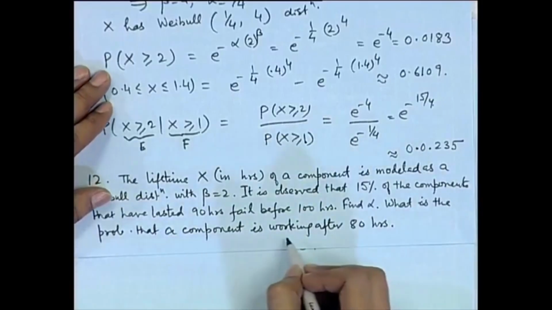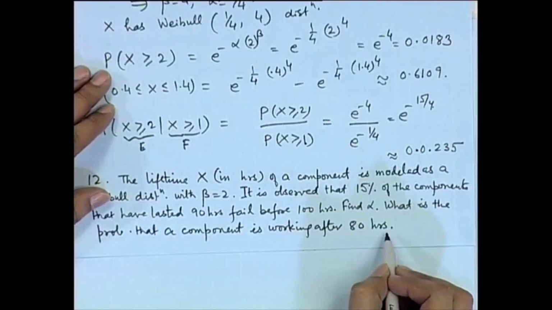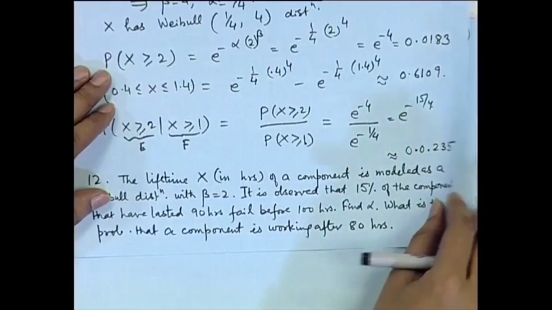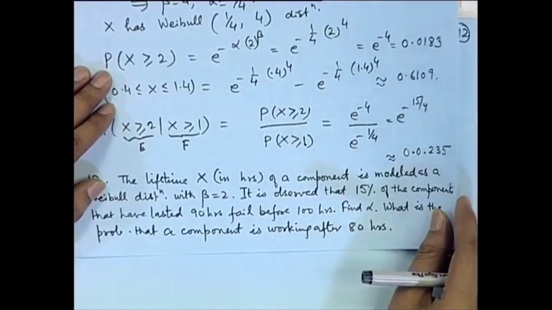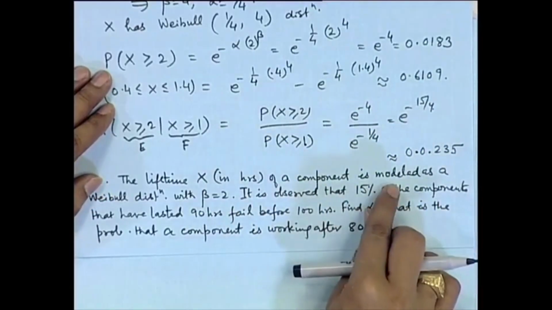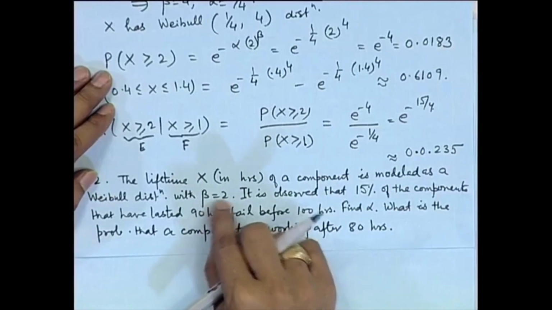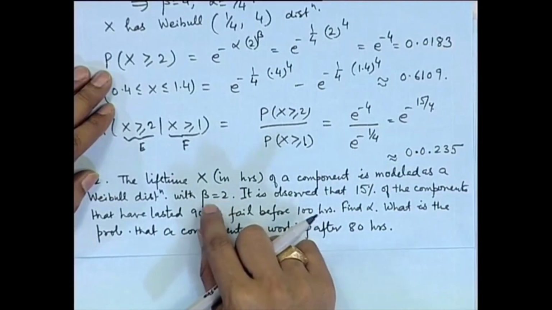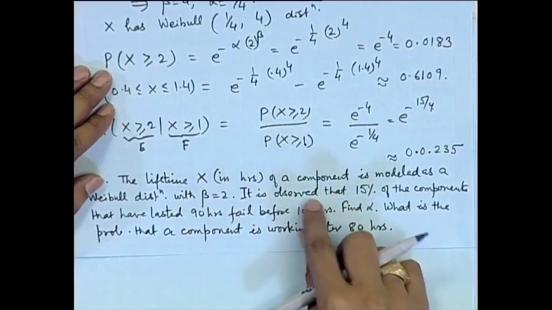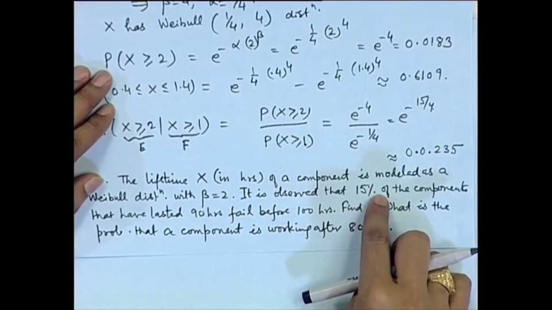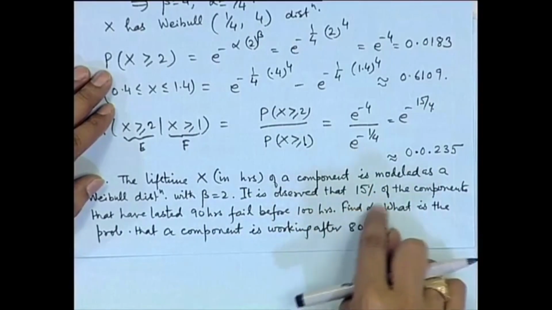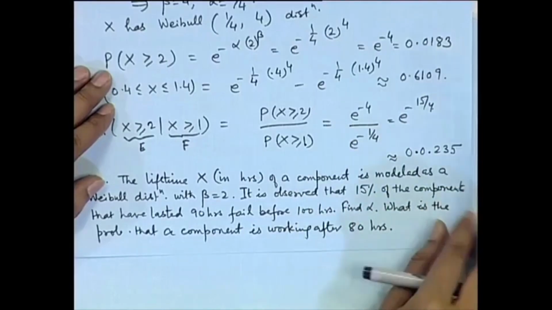What is the probability that a component is working after 80 hours? Now, here notice that for Weibull distribution the parameter beta has been specified, the parameter alpha has not been specified, but certain condition is given.